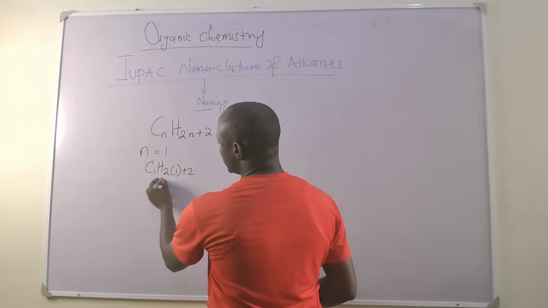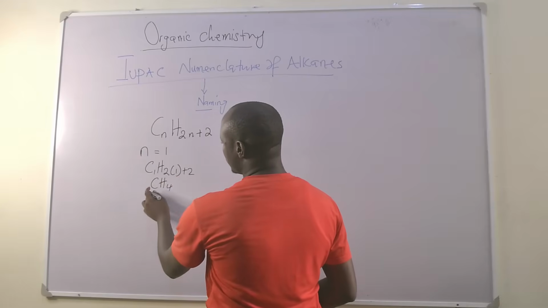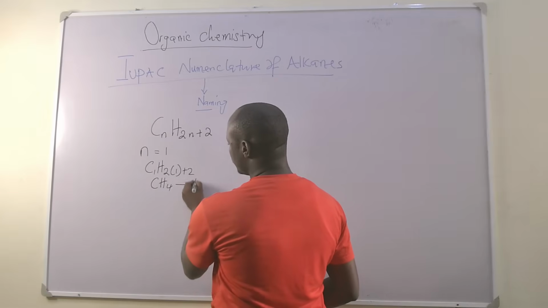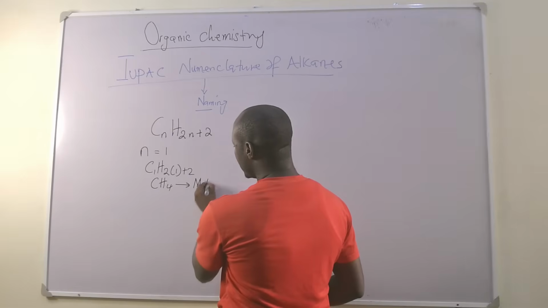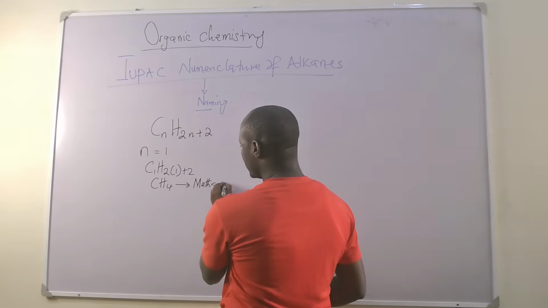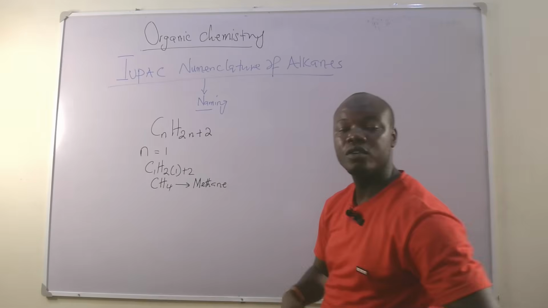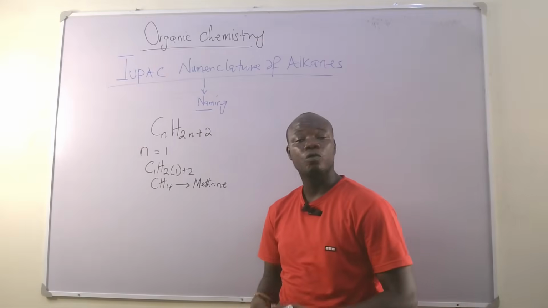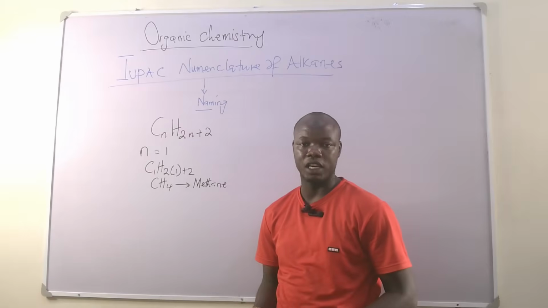C times 1 is C, 2 times 1 is 2 plus 2, making 4. So this is what we call methane. We have so many other members of the alkanes: ethane, propane, and butane.